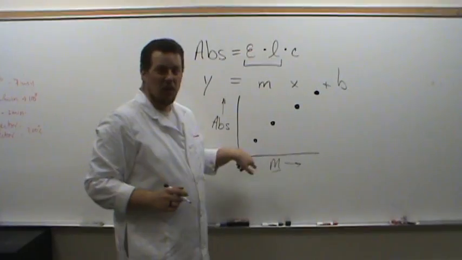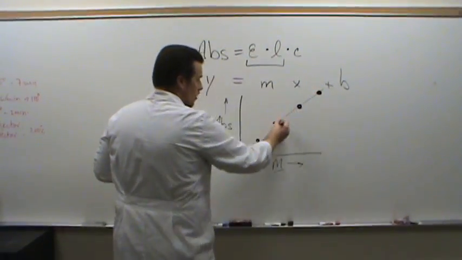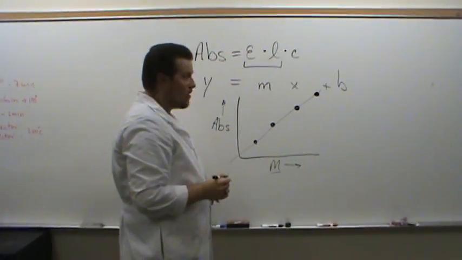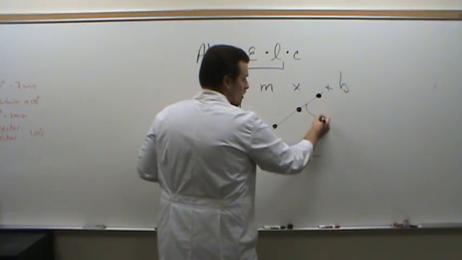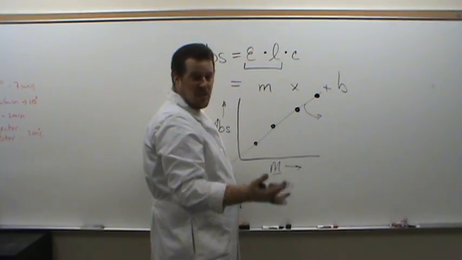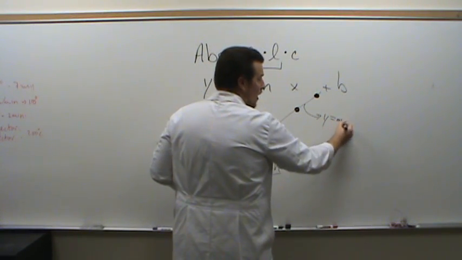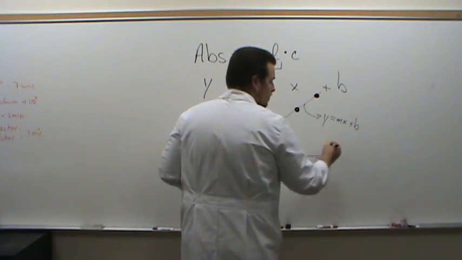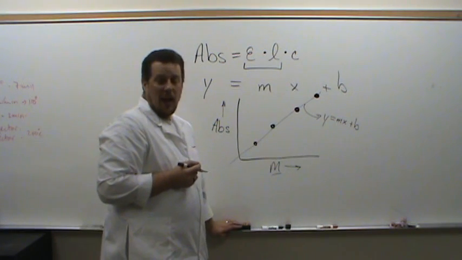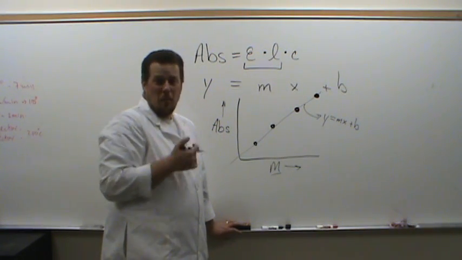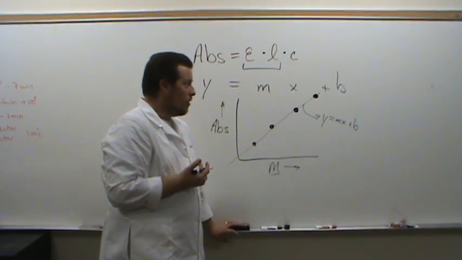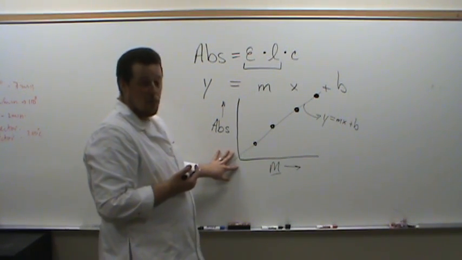And once we have our samples made, we can fit a line to that. We can get Excel to give us the equation of that line. And then next week, when we come back and prepare an unknown, we'll use this calibration curve.